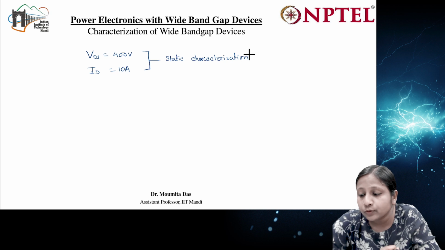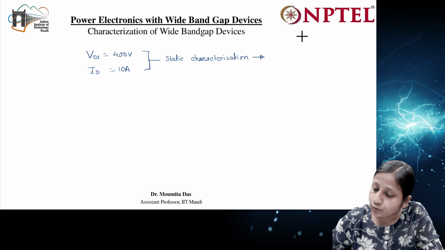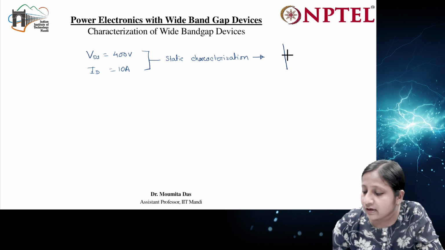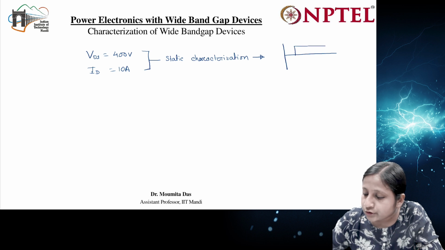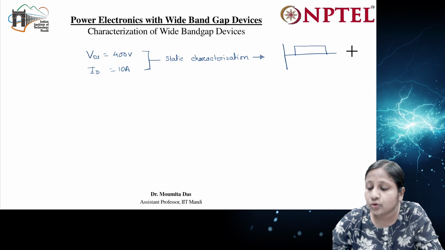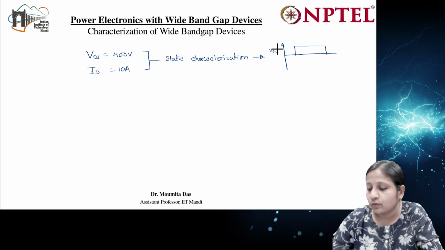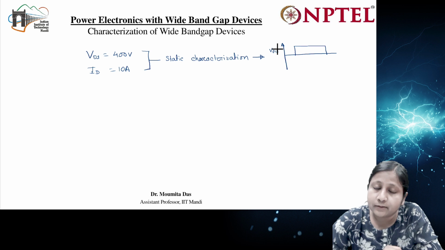So what do we have to do for this static characterization? We have to provide a gate pulse. This gate pulse should have suitable pulse width so that the device can reach steady state. Now this gate pulse is very important. What should be the pulse width of this gate pulse?